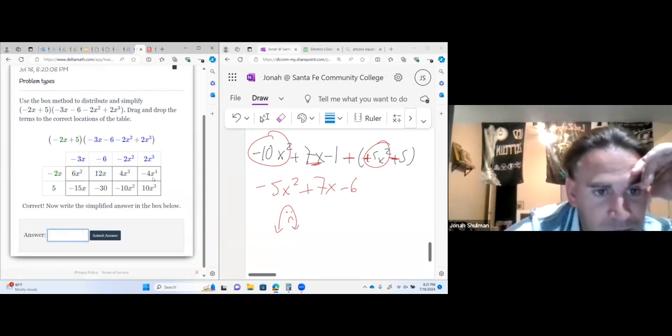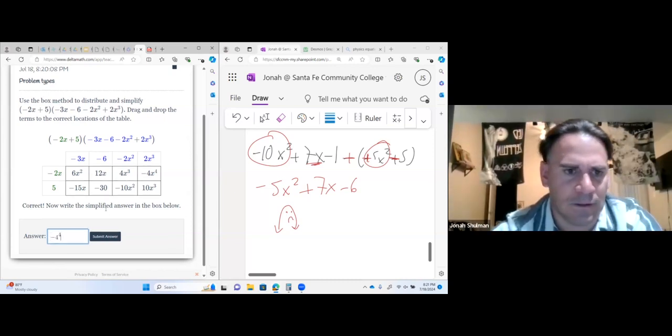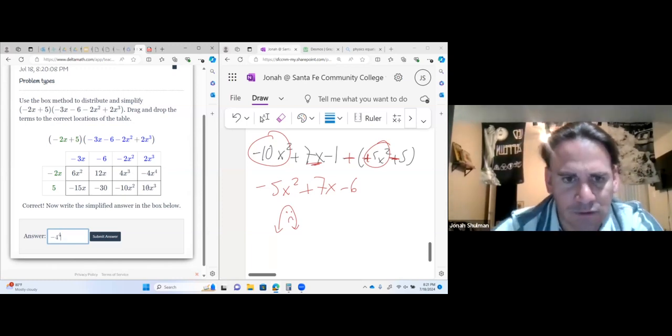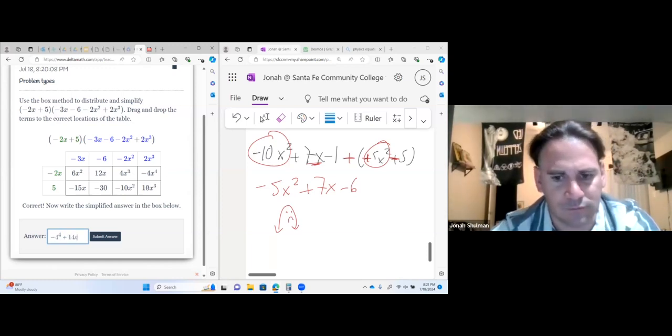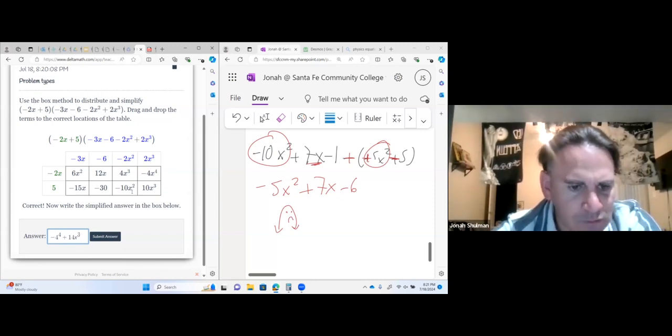Simplify. Let's start with the biggest. -4x to the fourth. The next one is the third. We have friends. That's 14. They're both positive. Next one is 2x positive.